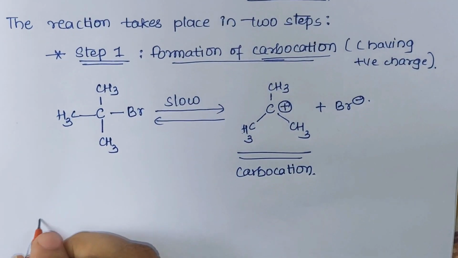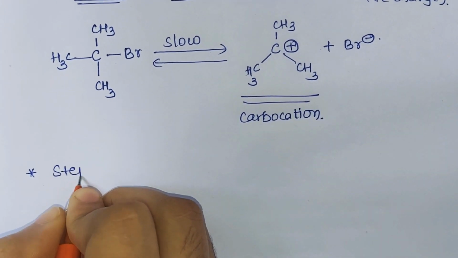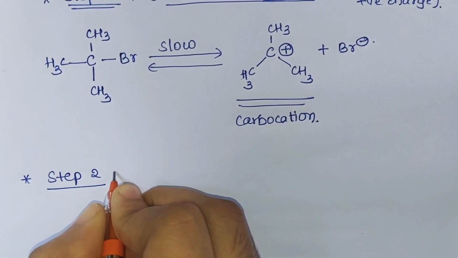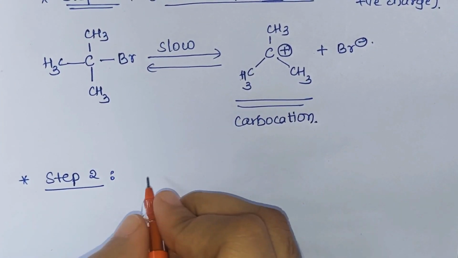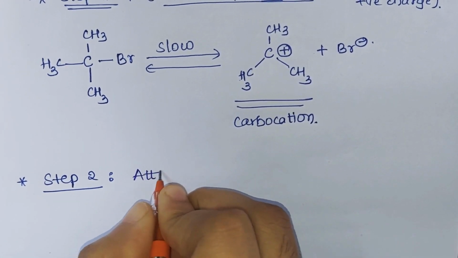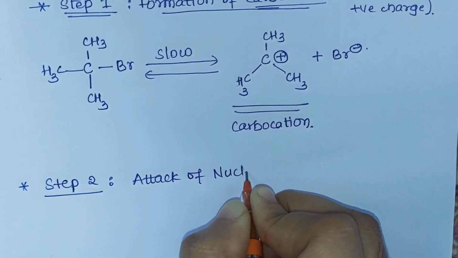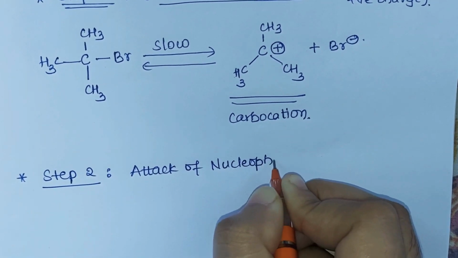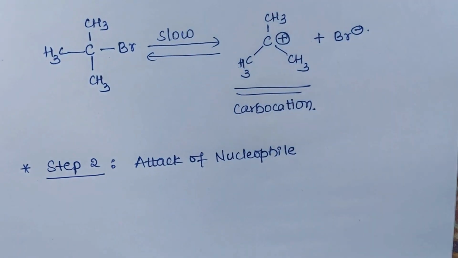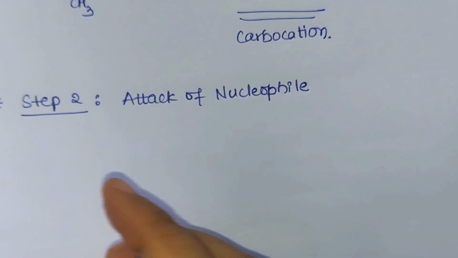The next is step 2. What is step 2? I have told you, attack of the nucleophile. When the nucleophile attacks our carbocation, the product obtained will be an alcohol. Let us look at the reaction. Which nucleophile will we take here? OH minus.